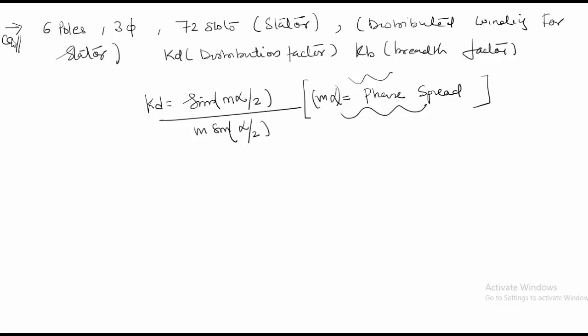So the first thing is to calculate M, which can be given by slots per pole per phase, which is equal to 72 divided by the number of poles, 6, and the phases, 3, which is equal to 4.